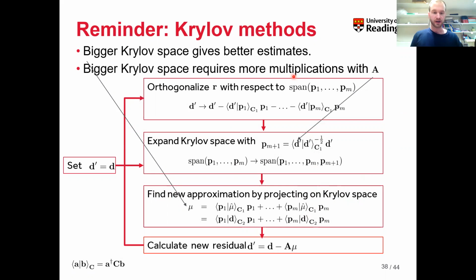You do so by projecting your right-hand side of the system onto a Krylov space. And of course, the bigger the Krylov space, the more accurate your solution for the linear system is going to be. So you want to increase the size of the Krylov space.